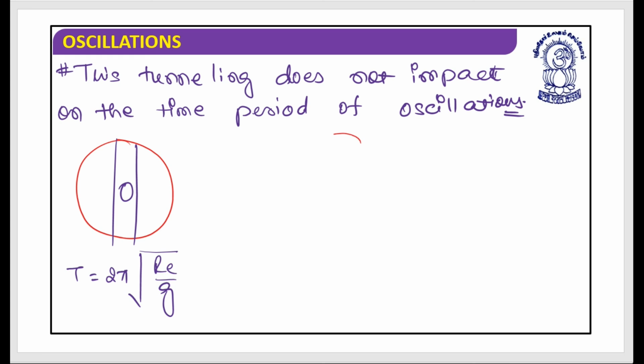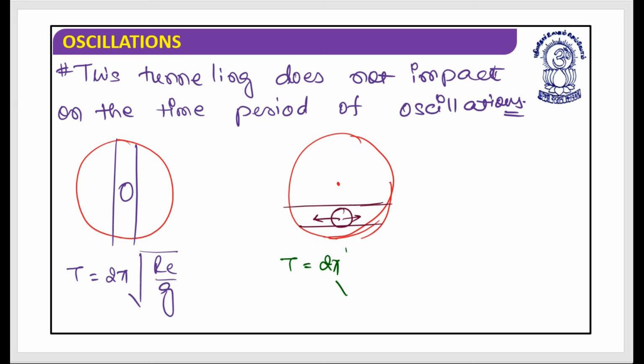Let's say this is the earth and this is the center, and you have developed a tunnel along one of the chords, and the object oscillates from this end to this end. Even in this situation the time period equals 2 pi root of Re by g, because all this is based on l being much greater than Re.